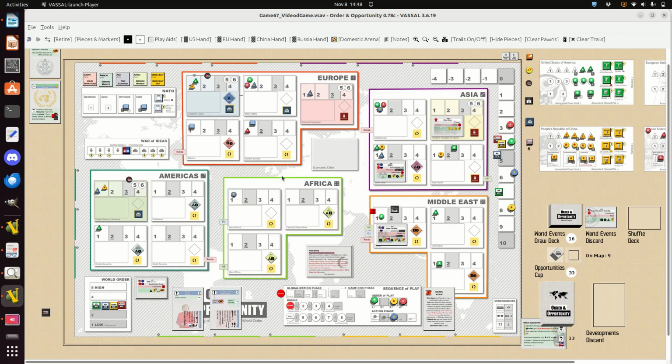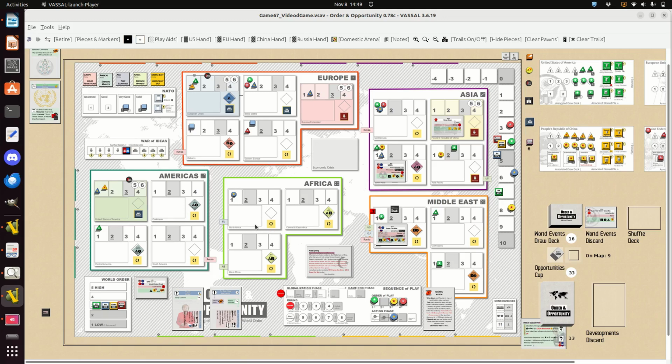Let's see, where can they establish control. I can see two spaces with existing EU political influence, which would be necessary here. So we can do this here in North Africa, or we can do it in Central Asia.